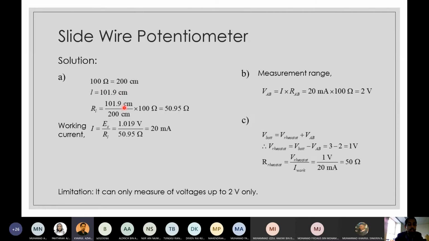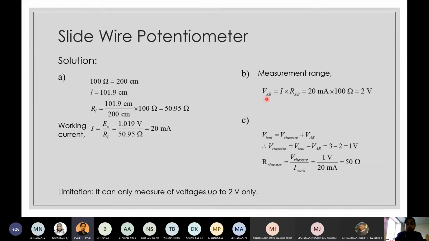So we can use this equation, the ratio of the length multiplied by the total resistance, to get the resistance at this point, 101.9. And the value is 50.95 ohms. Now using Ohm's law, we can determine the working current by dividing the voltage by the resistance. The voltage is 1.019, the resistance is 50.95, so we get the working current as 20 milliamps.